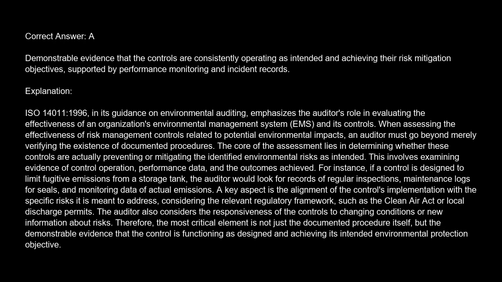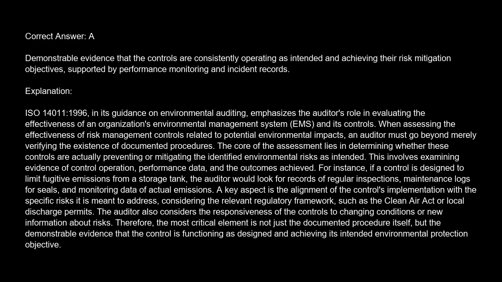The correct answer is A. Demonstrable evidence that the controls are consistently operating as intended and achieving their risk mitigation objectives, supported by performance monitoring and incident records. Explanation: ISO 14011, 1996, in its guidance on environmental auditing, emphasizes the auditor's role in evaluating the effectiveness of an organization's environmental management system, EMS, and its controls.